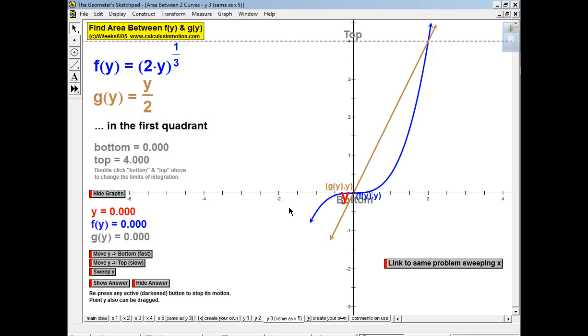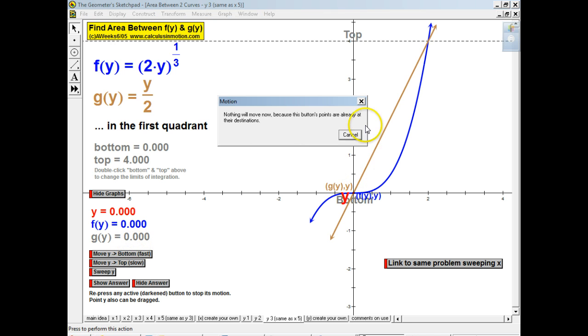Notice we've changed our functions in terms of y. So f of y is 2y to the 1/3, g of y is y over 2. But now our limits are going to go from 0 to 4 because this is in terms of y. But our region is still going to be the same.